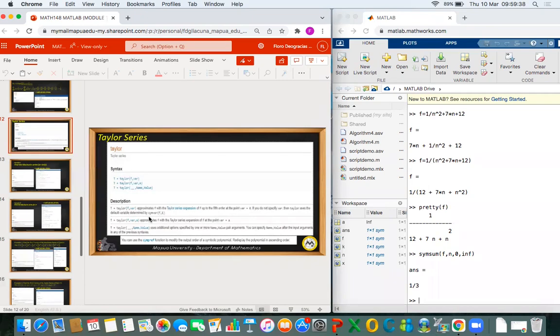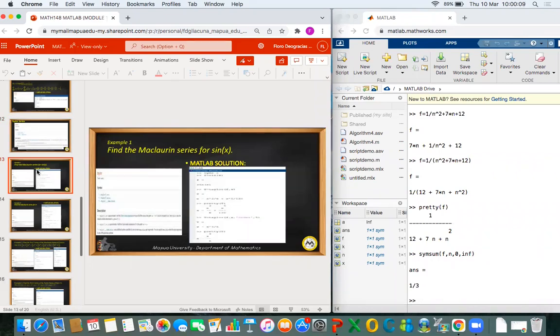Then for the second one, Taylor f, var, a approximates f with a Taylor series expansion of f at the point var equals a. In this case, class, I'm using the second one. Let us check if we can use the first syntax and have the same answer.